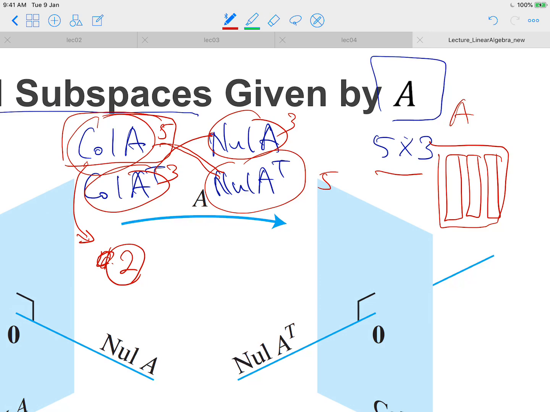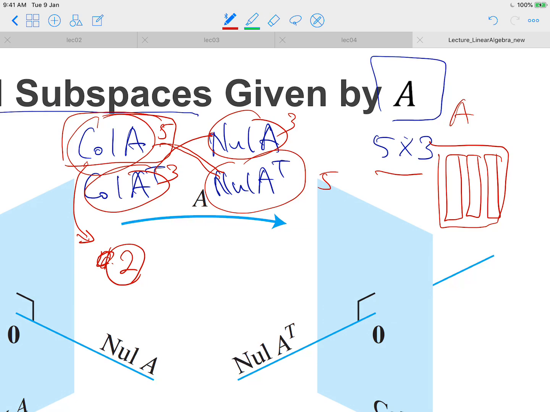How many additional vectors do we need? We still need 3 more vectors, and those 3 vectors come from the null space of A transpose. The basis vectors of the null space of A transpose are exactly the vectors you need to fill out the entire 5-dimensional space, combined with the basis of the column space of A.